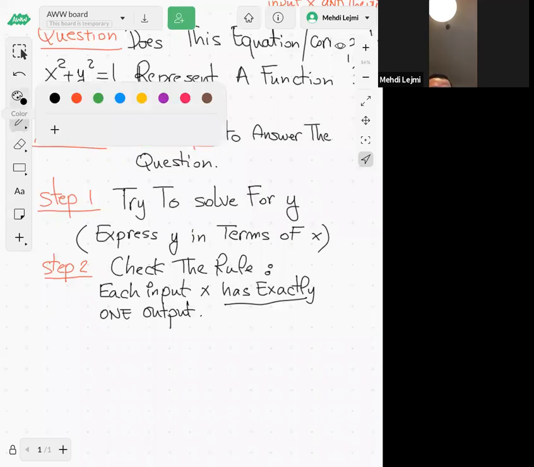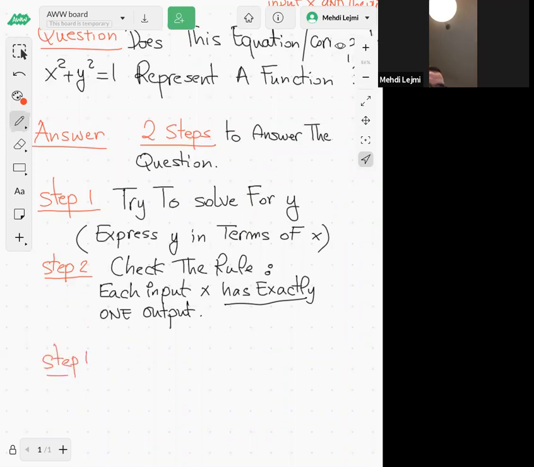So in step 1, here's our correspondence or equation, the relation between x and y. As I said, in the first step, I need to solve for y. So I'm gonna move the x squared to the right side, subtracting x squared from both sides.